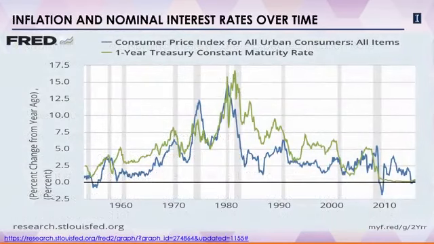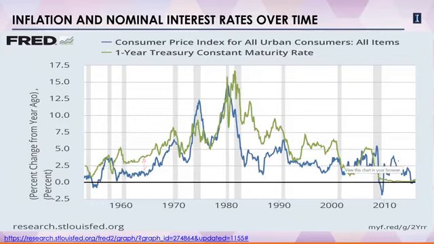Here's a graph that shows you the connection between inflation rate and the interest rate on one-year treasuries with a constant maturity rate. And as you can see here, most of the time, the treasury interest rates have been higher than inflation rate.